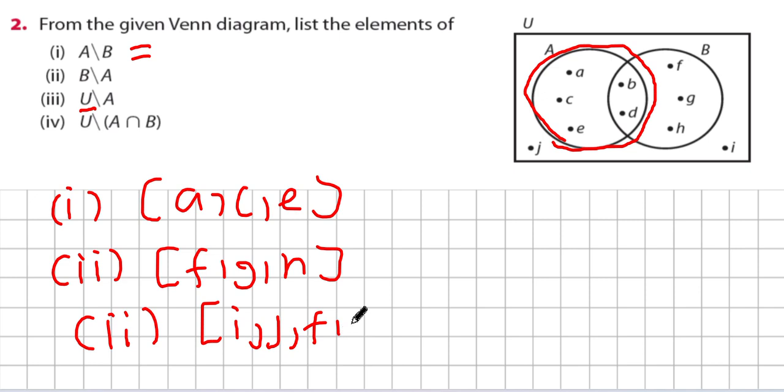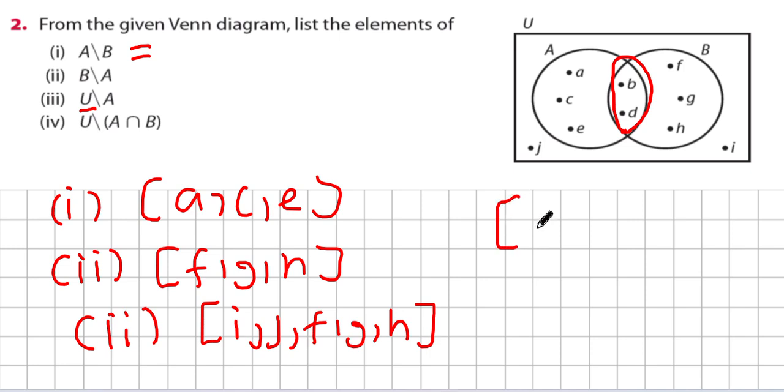F, G, H. Yeah. Next one. Everything that's in the box that's not in the intersection. So everything essentially outside the intersection. There's more than that though. There's A, E, and F, G, H.